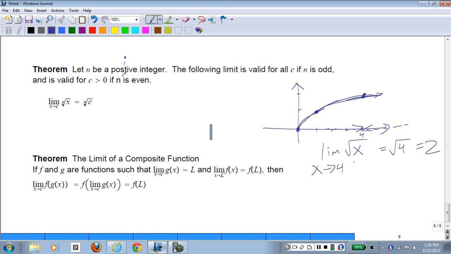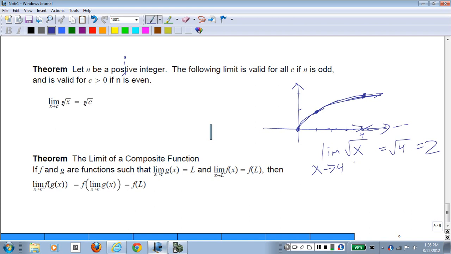The limit of a composite function, or the composition of two functions, is pretty powerful, particularly when the function g is kind of rough.